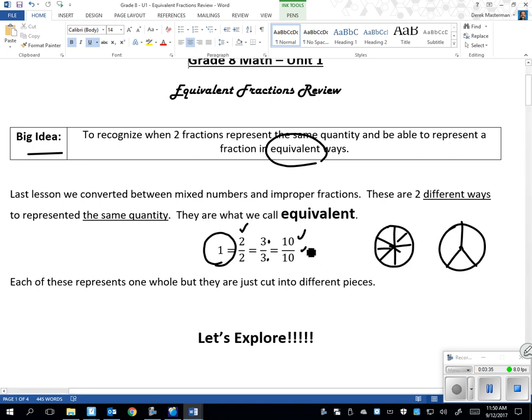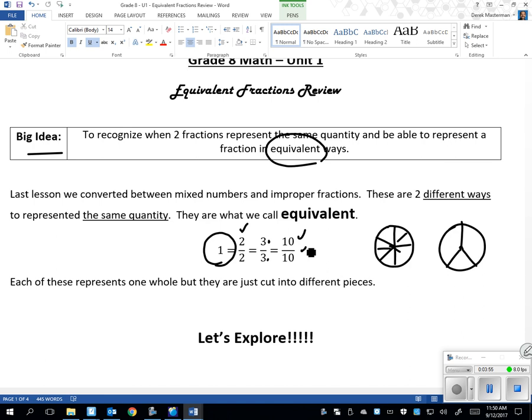So 10 divided by 10 is 1. 3 divided by 3 is 1. 2 divided by 2 is 1. What's the difference between all of these things? They just look different, but they're the same. They are the same, it's just the way that I'm choosing to look at them. Okay? They all say the same thing.